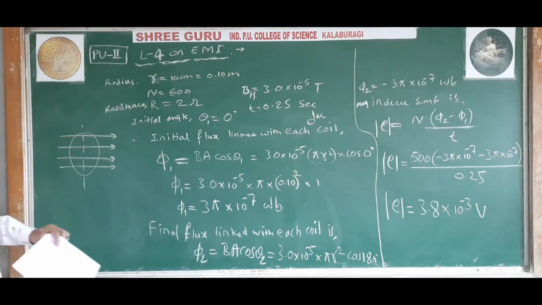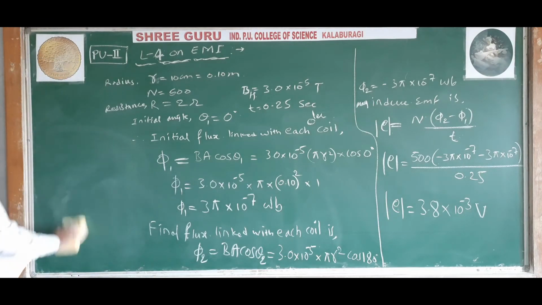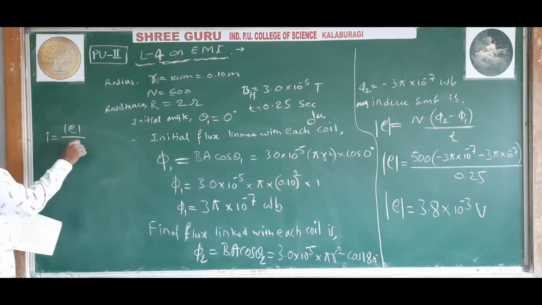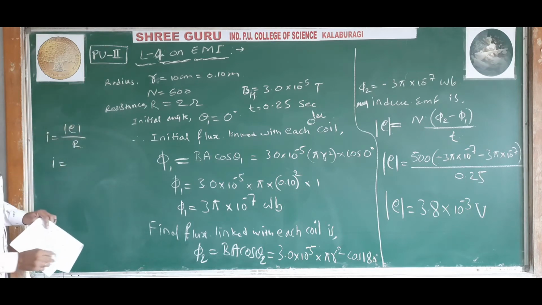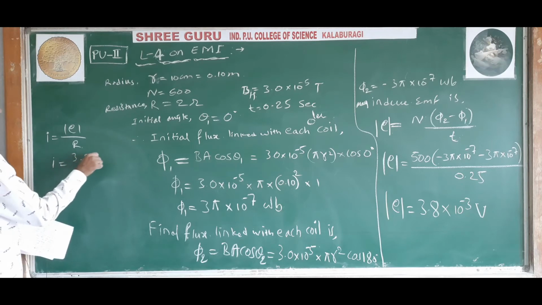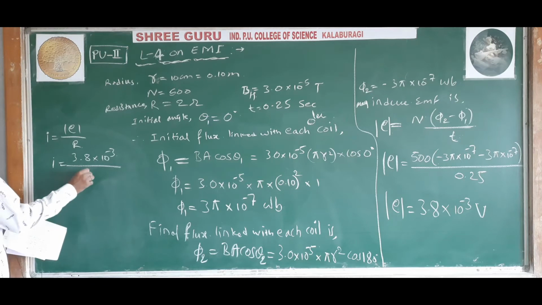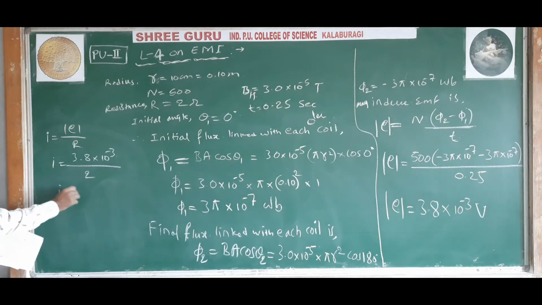And now the induced current in the coil. The induced current is given by I is equal to E divided by R. So I is equal to 3.8 into 10 to the power minus 3 volt divided by resistance. Resistance is 2. So we get I is equal to 3.8 divided by 2.